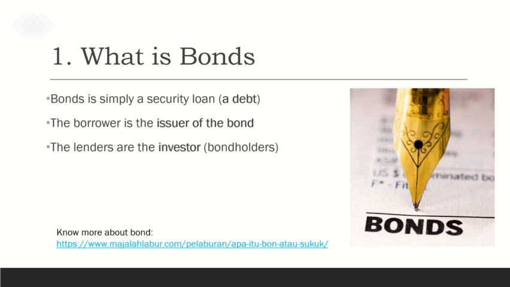Okay, so kita pergi kepada what is bonds. Bonds is simply a security loan. It's a debt. The borrower is the issuer of the bond. Siapa yang pinjam? Peminjam itu adalah entity yang create the bond. Kenapa dia create the bond?